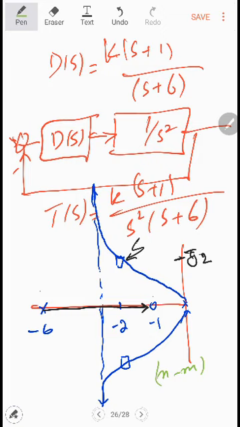So since this is a type 2 system, the steady state will be satisfied automatically for the unit step function or the unit ramp function. So we should not worry about the steady state condition in this type 2 system, because that will be automatically satisfied. But if you increase the other, then we have to take care of that also. Anyhow, we have a type 2 system, so we are not worried about this one.